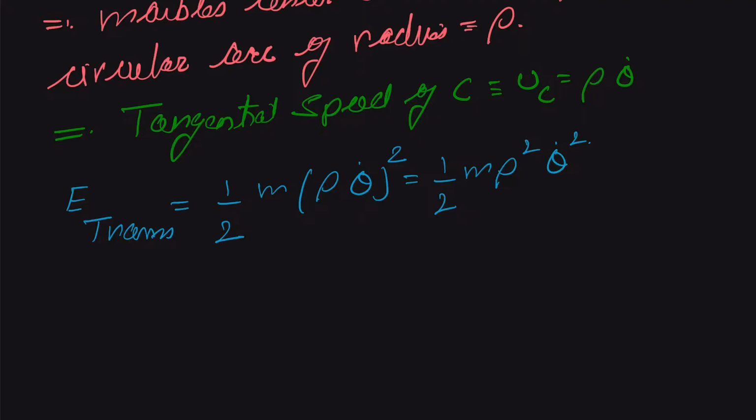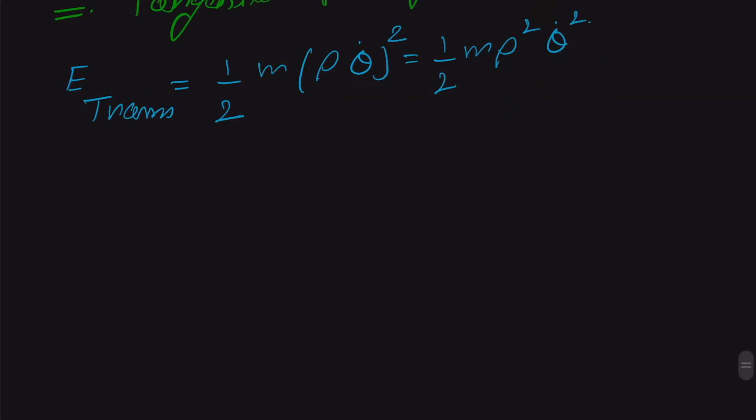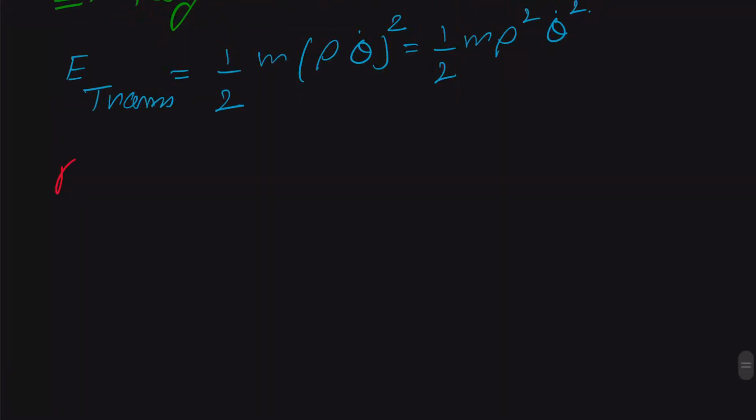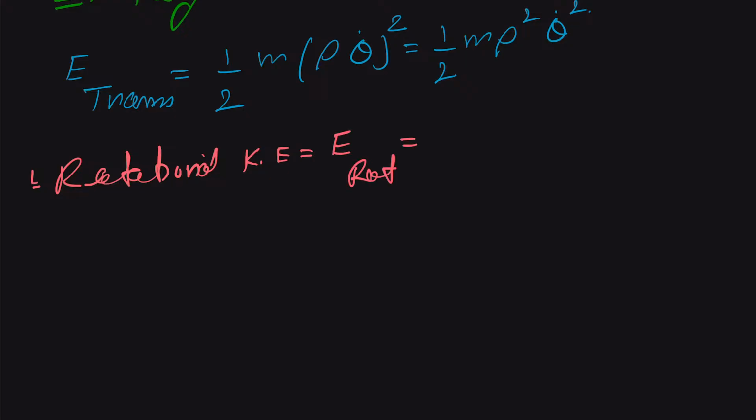And now we come to the rotational kinetic energy. This was our translational, and we have a rotational kinetic energy. Let us call this E rotational.